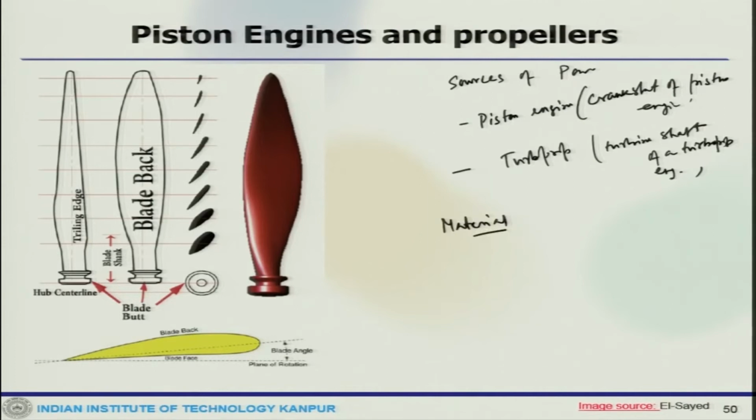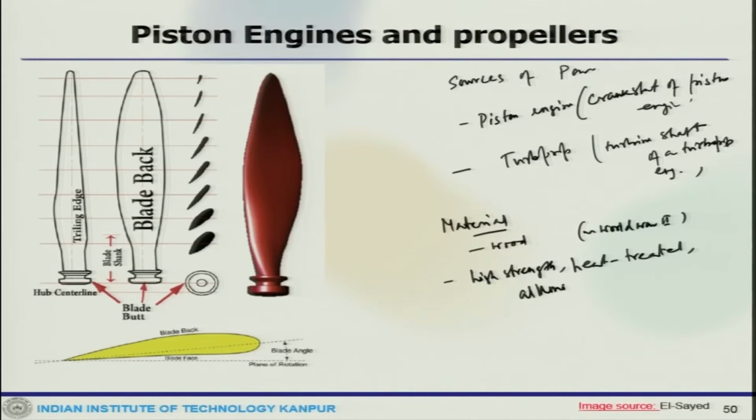Typically, wood was used in early days, probably around World War II, but later on metal was used, and after 1940 propellers are made of steel, but recent propellers are fabricated for high strength, heat treated aluminum alloy.